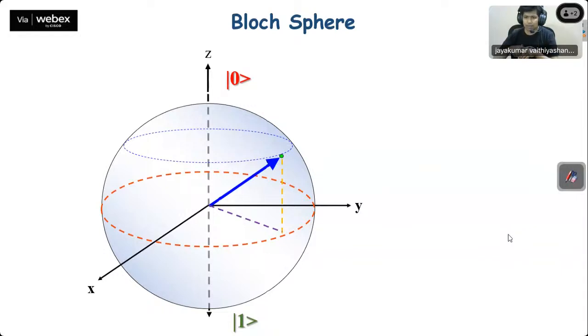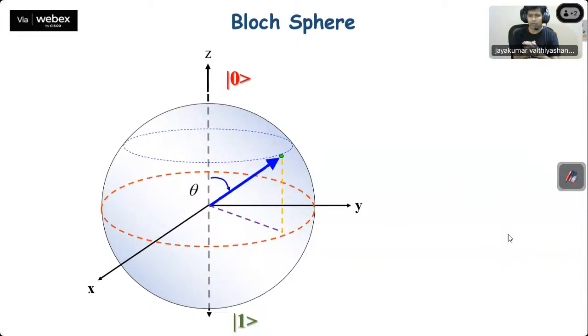So these two projections will make a right angle triangle. When you have a right angle triangle, you can apply trigonometry. You are able to convert Cartesian coordinates into polar form.